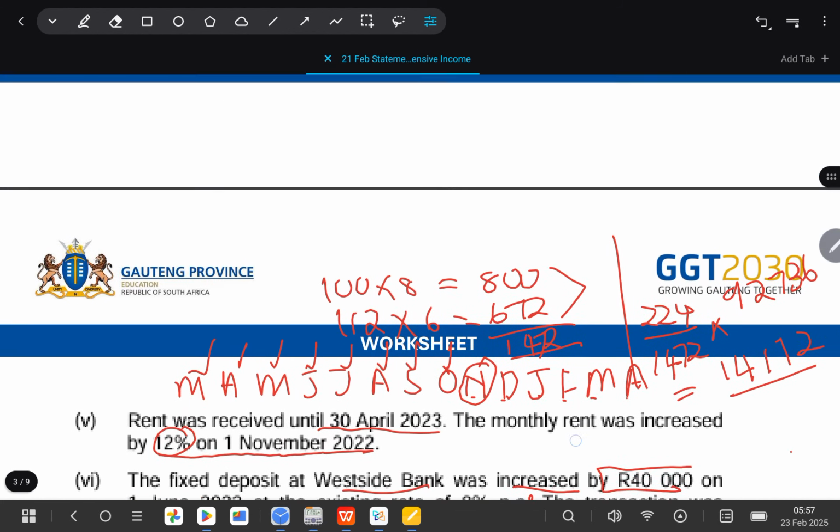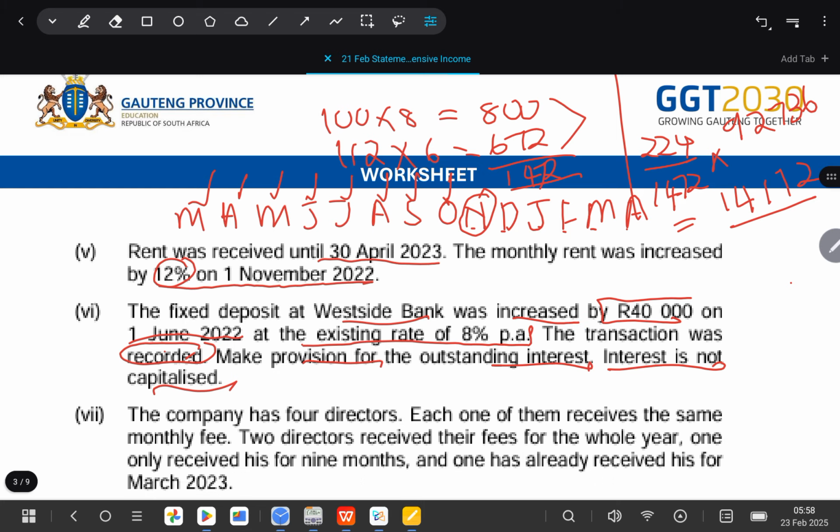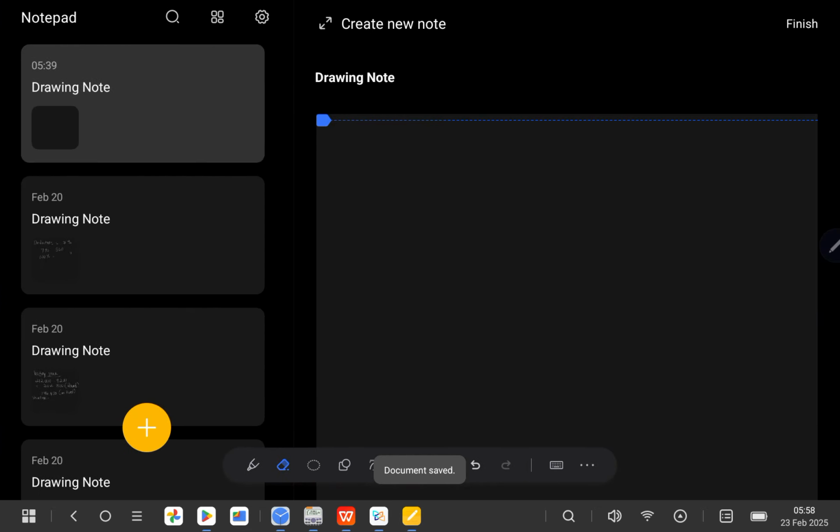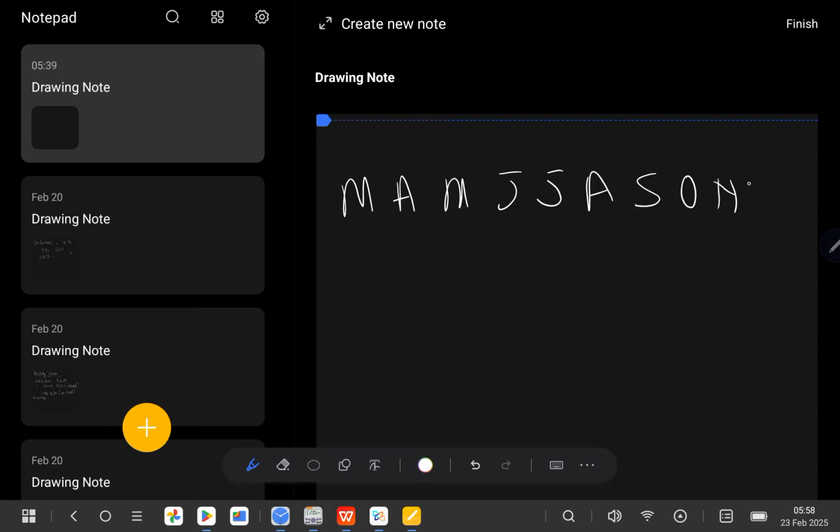So let's do this. Let's check how much. Remember, the increase took place in June, so we will still draw our timeline to make life easy for us. So you'd have your March, April, May, June, July, August, September, October, November, December, January, February. Now let's check what the information says.